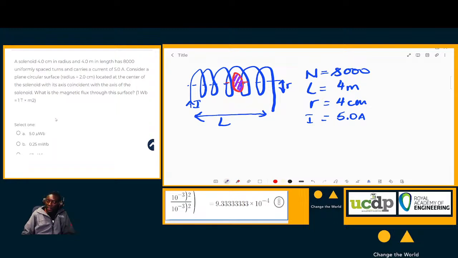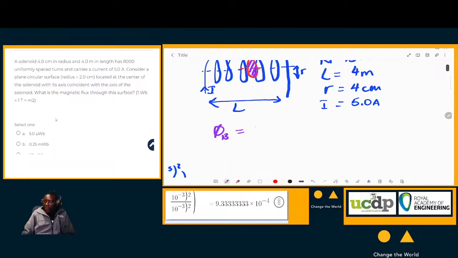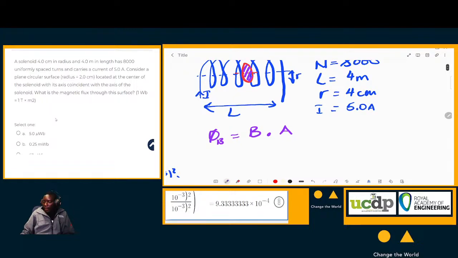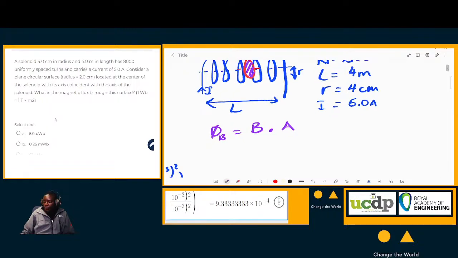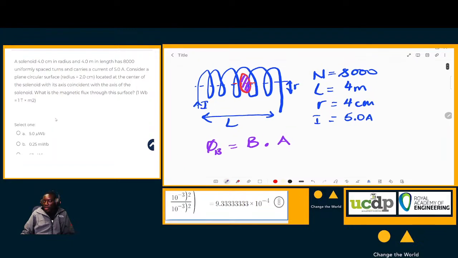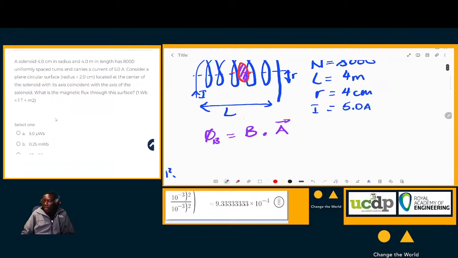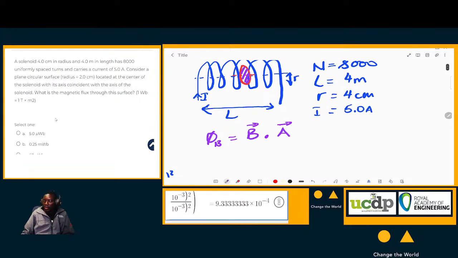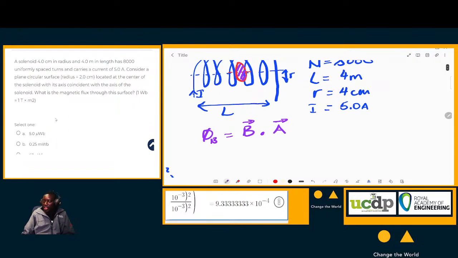So to find magnetic flux, phi b, we know that this is flux density multiplied by area. Flux density multiplied by area. So that's BA cos theta, where our theta is 0 because the normal to the area vector of the magnetic field and the area itself are facing the same direction.